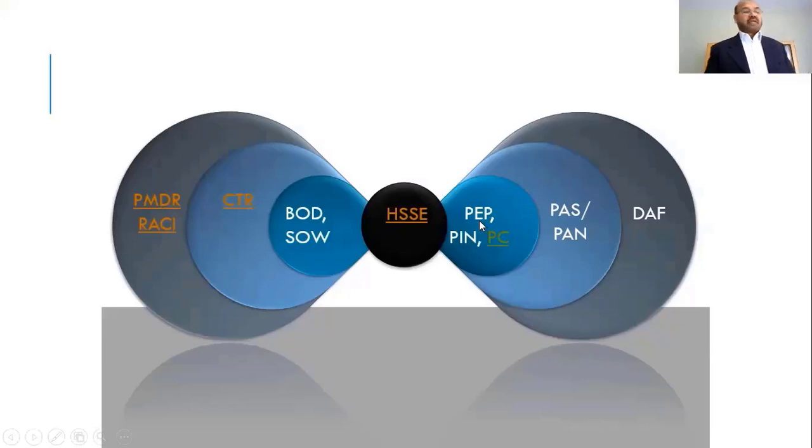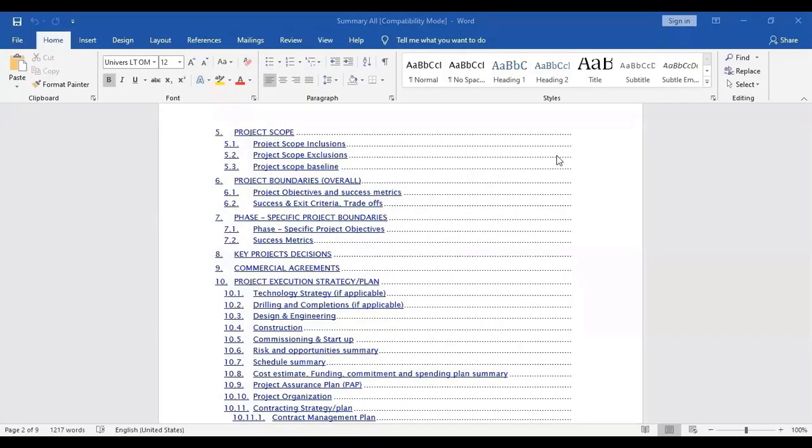Project execution plan, and PIN has project initiation and project charter. What is the purpose of the project execution plan? I've just opened that document for you. Here you go with the project execution plan. It is the key document, and it defines how the project will be undertaken.